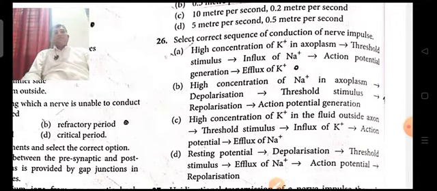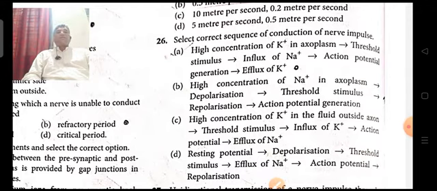High concentration of K plus ion in exoplasm, threshold stimulus, influx of Na plus ions, action potential generation, efflux of K plus ions; high concentration of Na plus in cytoplasm, depolarization, threshold stimulus, repolarization, action potential generation; high concentration of K plus ions in the fluid outside axon, threshold stimulus, influx of K plus, action potential, efflux of Na plus, resting potential; depolarization, threshold stimulus, efflux of Na plus, action potential, and repolarization.